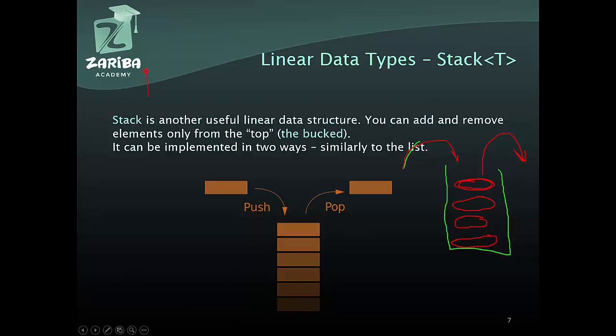So imagine now this as an array. Okay, and the array has a couple of elements. So let's add one element, second element, third element, and let's say now that I want to remove the element. Where do I remove it from? From the end, from here, right? Because this is the last one that I've added.